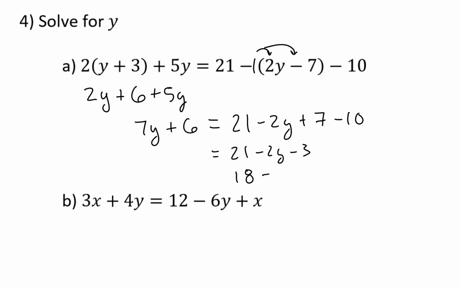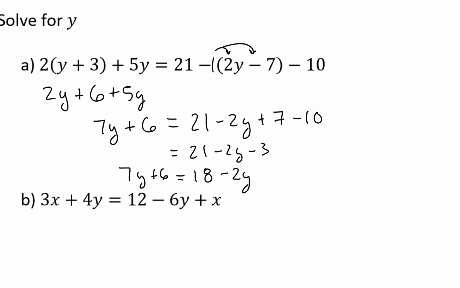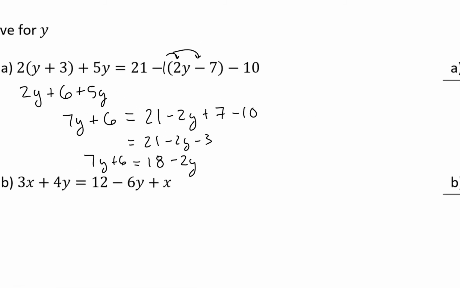So I've got 18 and then minus 2y. And then over on the other side, I haven't changed this at all. I'm just going to rewrite it as 7y plus 6. I've got myself totally out of room here, and this is not flowing well for me tonight. Let's see. 7y plus 6 equals 18 minus 2y.